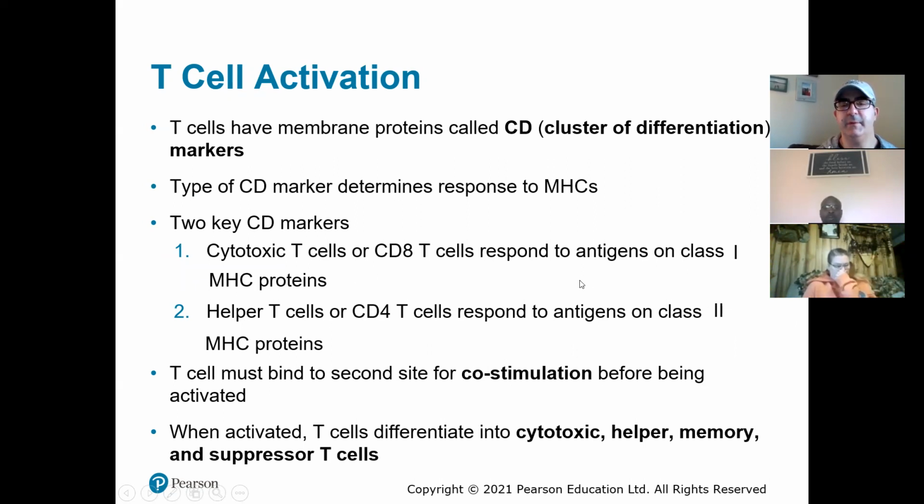Cytotoxic T cells can respond to antigens in class 1 MHC proteins. So cytotoxic T cells are the ones that recognize your own self antigens. Helper T cells respond to antigens on class 2. What this means is that the antigen presenting cells can activate the helper T cells. Helper T cells then can activate cytotoxic T cells.